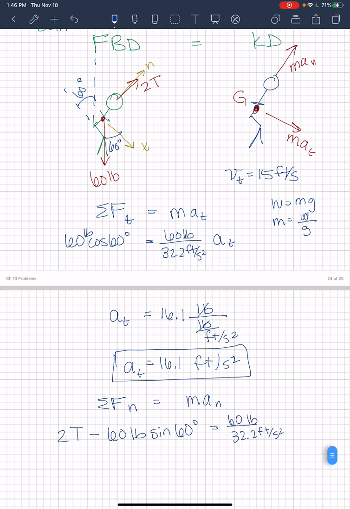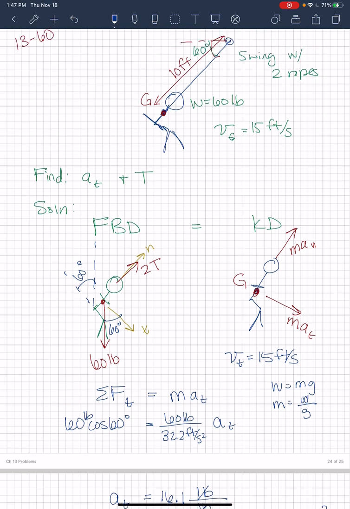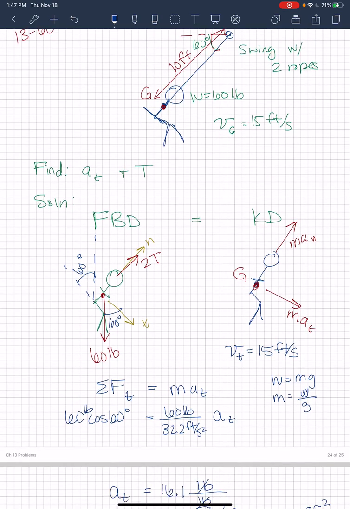And if we remember, a sub n equals v squared over rho. The velocity was 15 feet per second, squared, divided by rho, and they did give us the length of the cable was 10 feet.